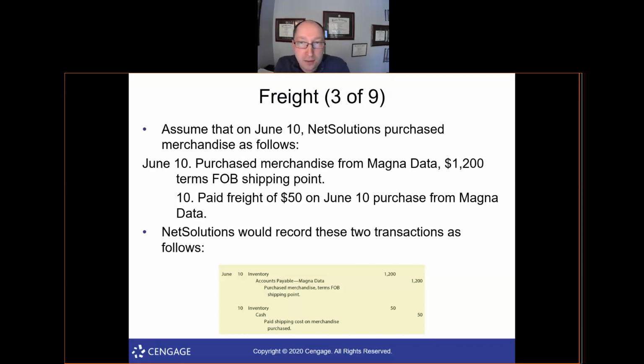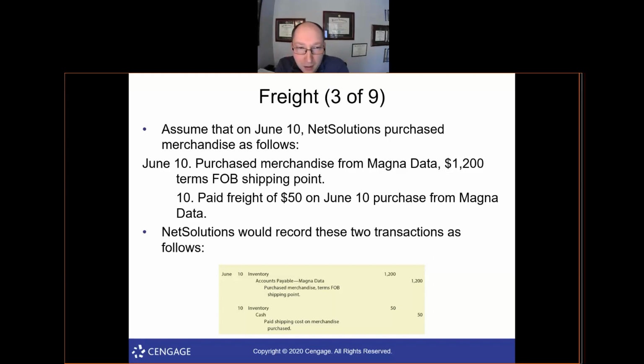On January 10th, we purchased some inventory from our supplier. January 10th, we purchased $1,200 of inventory free on board, meaning our supplier was responsible for that inventory until we received it.